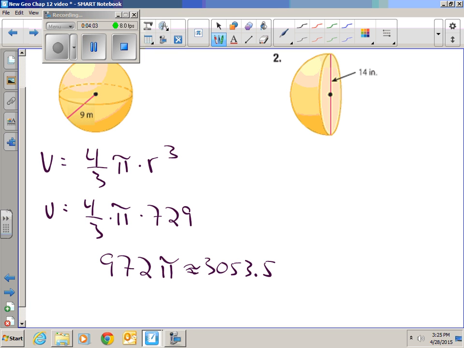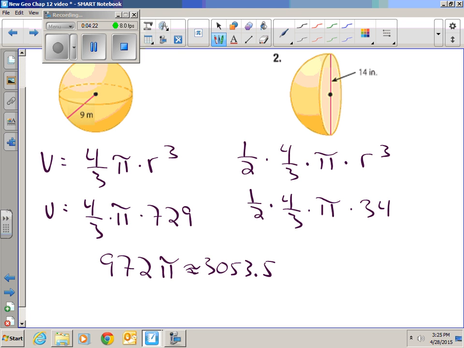I look at this second problem, I'm finding the volume of a hemisphere or a half a sphere, so it's 1/2 times 4/3 times pi times radius cubed. And again, so this is 1/2 times 4/3 times pi times 7 cubed is 343.